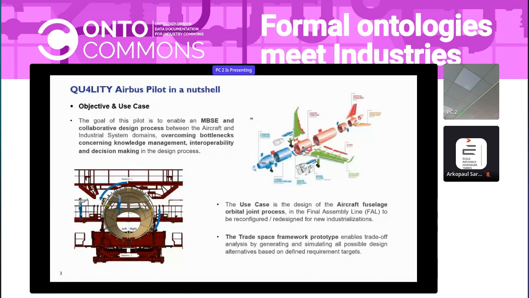The use case is the aircraft fuselage orbital joint process. I will explain what that is. It's one of the key processes that we do in the assembly lines of all of our aircraft. And we have a prototype that has been demonstrated and tested with these final users of how they can use it to design this orbital joint process.